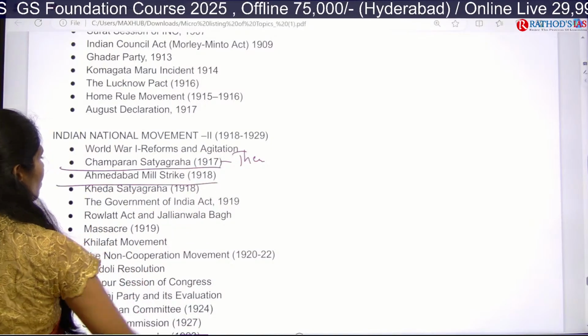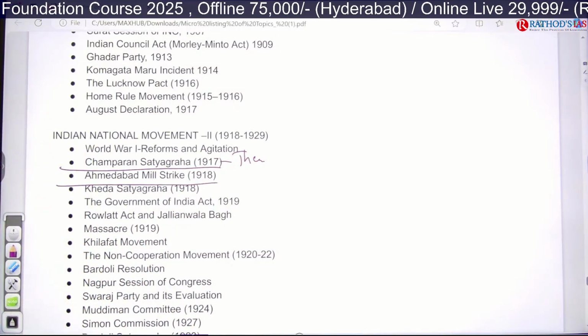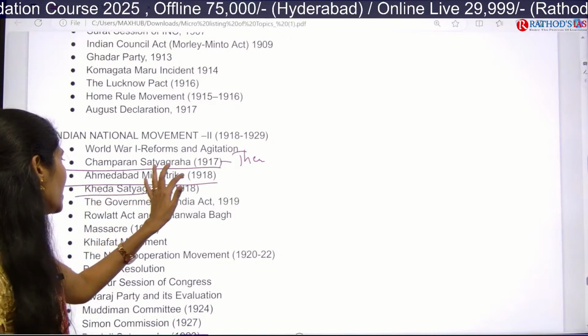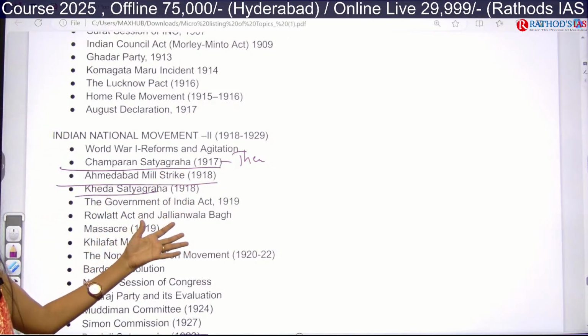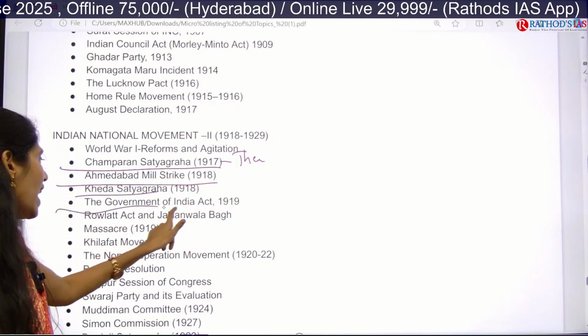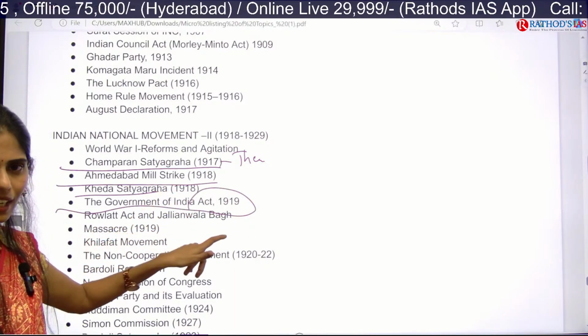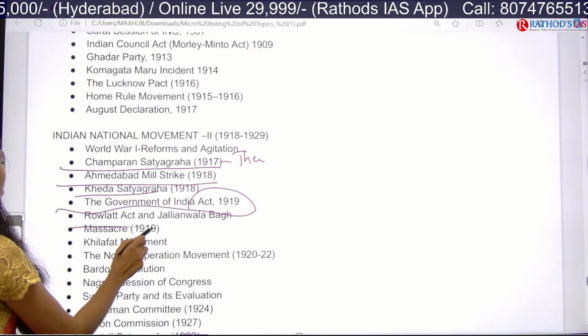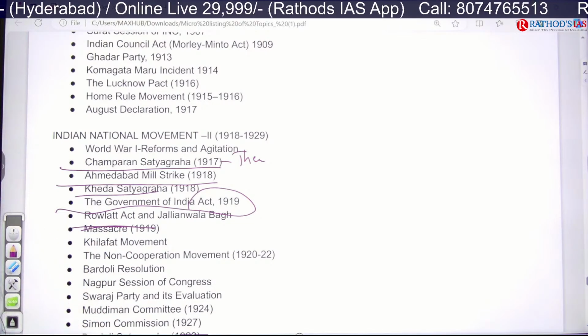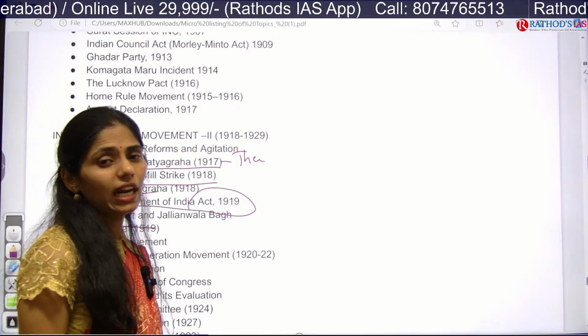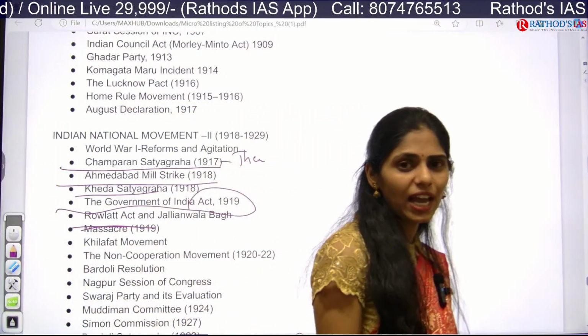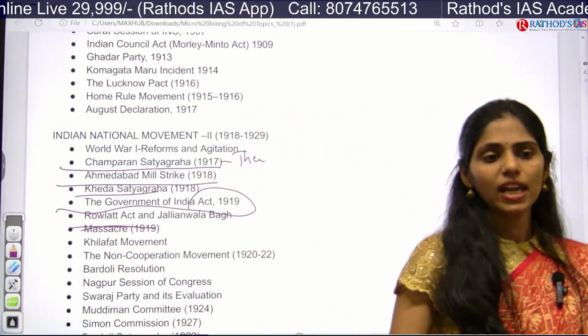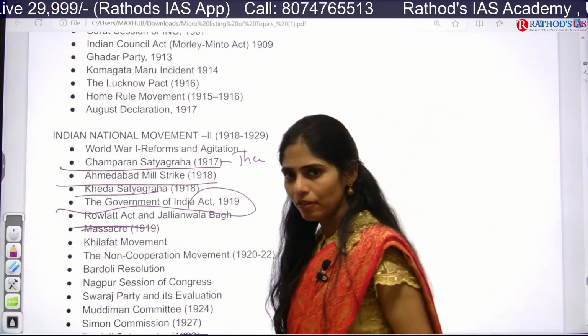Next is the Ahmedabad mill strike, to increase the wages of labor. And this one is the Kheda Satyagraha, regarding farming. Then we had the Government of India Act of 1919, and lots of changes came. After that we had the Rowlatt Act to control people, and because of it many people gathered in one place.